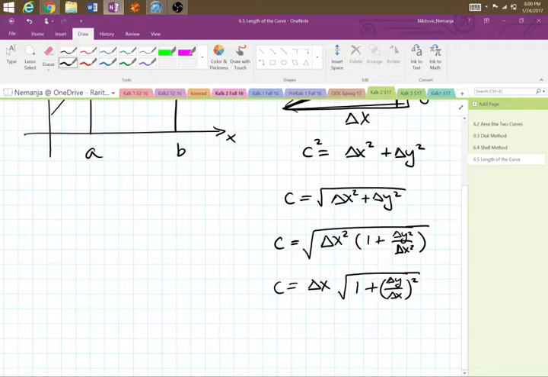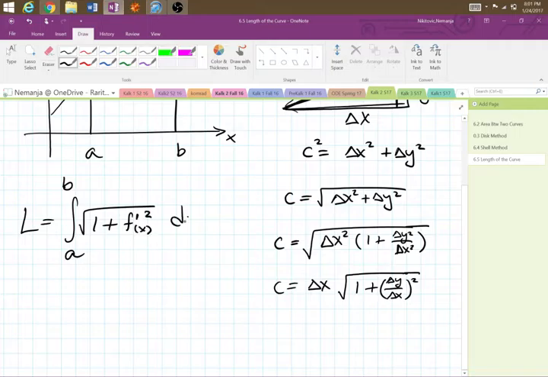And then what we do is we add infinitely many of those, which means we earn that sum in front, and when you set it to infinity, you got yourself an integral. So the length of the curve must be the integral from a to b, square root of 1 plus the derivative squared dx. So this is your formula for length of the curve.